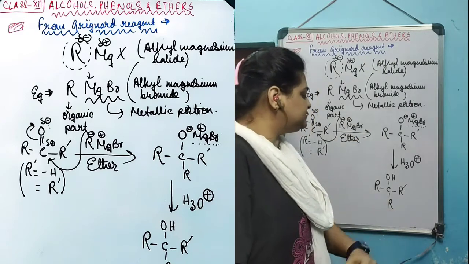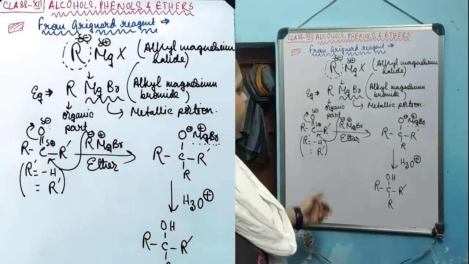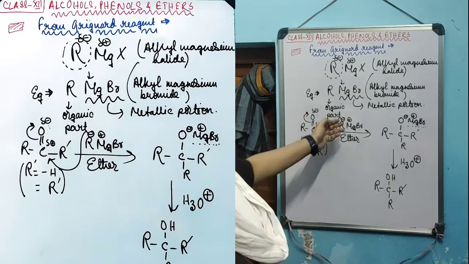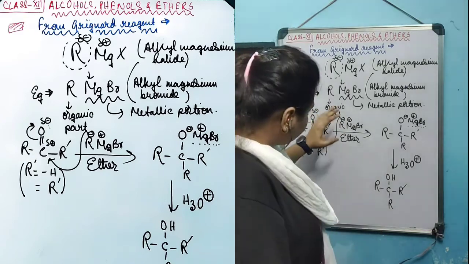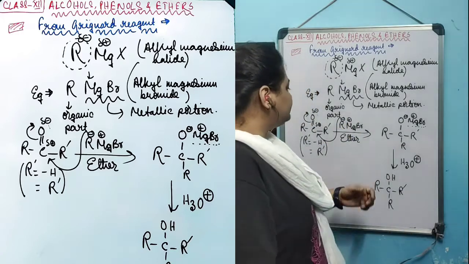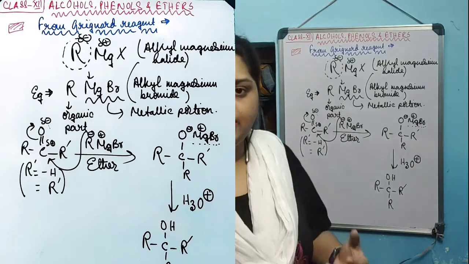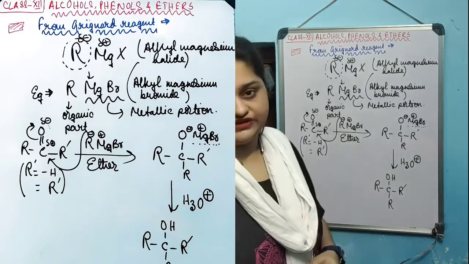This produces the corresponding alcohol depending on the alkyl group in the Grignard and the carbonyl compound taken. This is a very useful method for the preparation of alcohol as the yield is extremely high and the reaction is very specific.